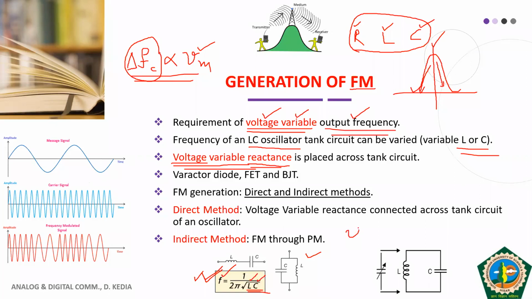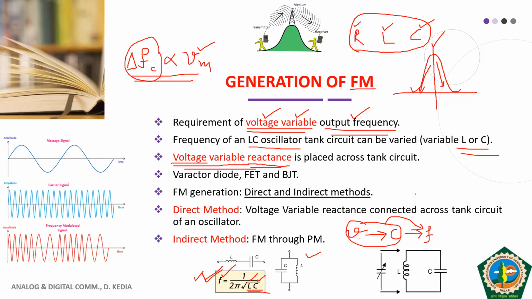So what we want is that we have some voltage, and a change in the voltage helps to change, say, the capacitance, and a change in capacitance leads to a change in frequency. So what is happening? Your voltage variable capacitance is giving us a voltage variable frequency. I hope all of you have been able to understand that. So this is the main concept for generation of frequency modulation: we want a voltage variable reactance.